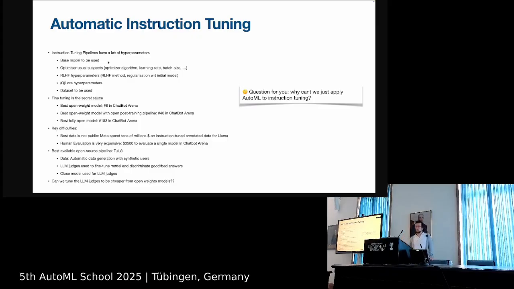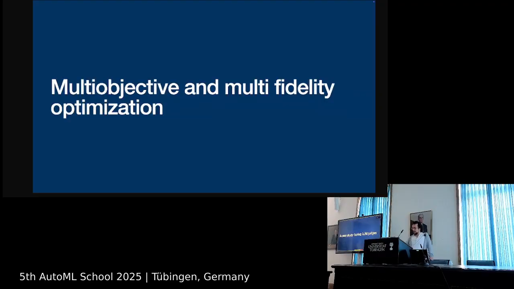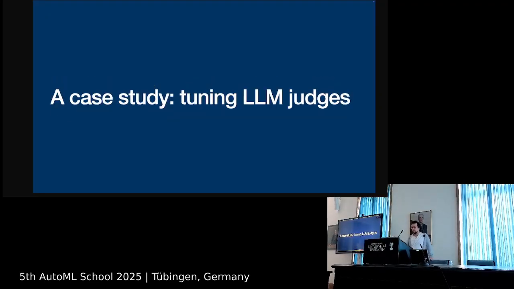So I guess a question would be: can we use AutoML to find LLM judges that are cheap, and ideally use open weights? Right. So I will talk about this now. How can we apply AutoML to LLM judges?